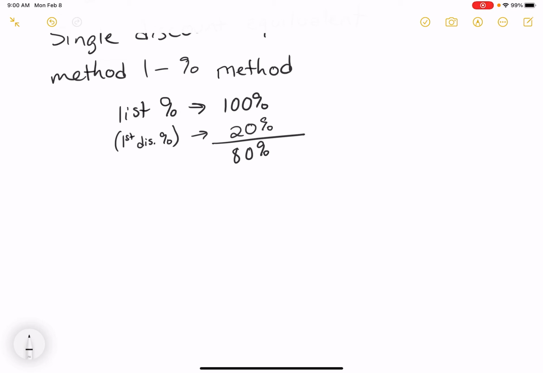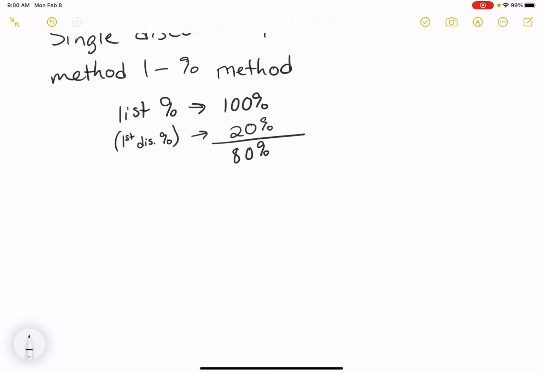And you subtract the second. Sort of. So look at the example here. I'm just making sure I say it right. The second discount, this is the hardest method. Method 3 is my favorite. So you get this first remainder. We have 80%. Then you have to take the second discount percentage of the remainder.